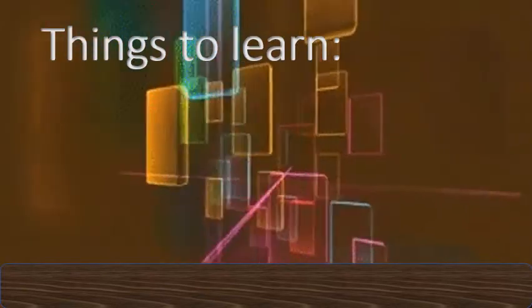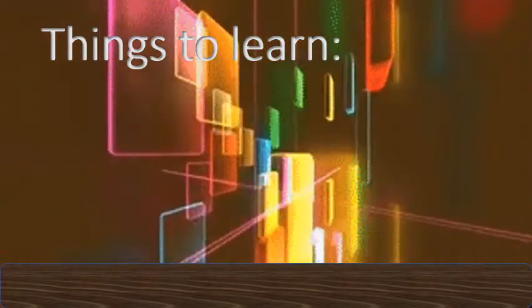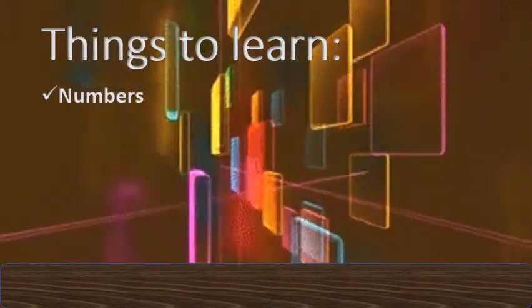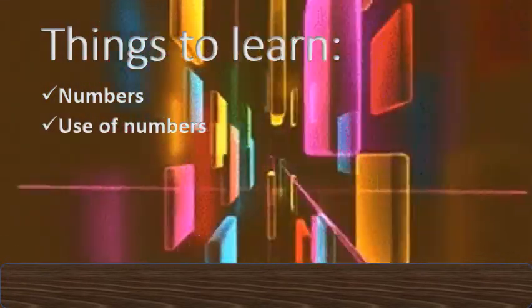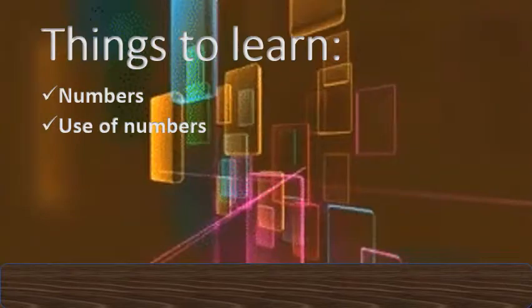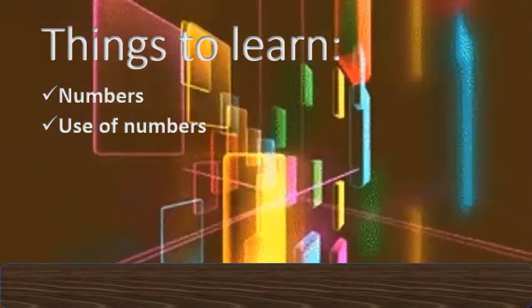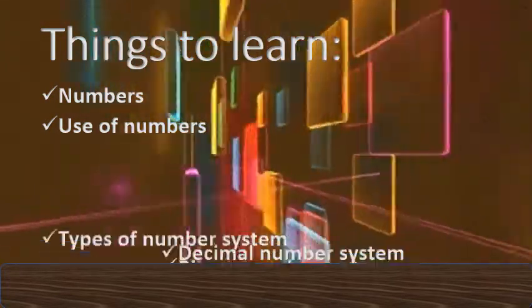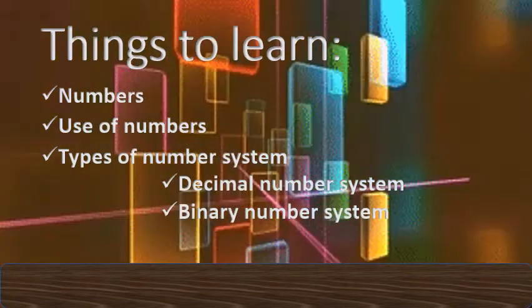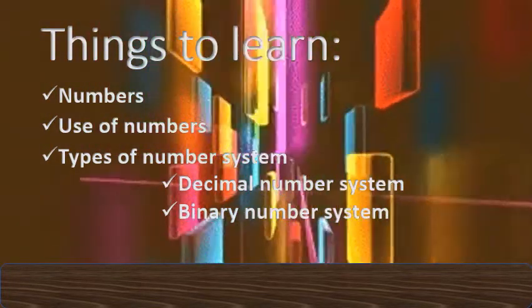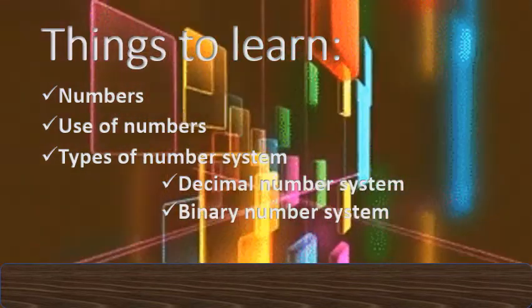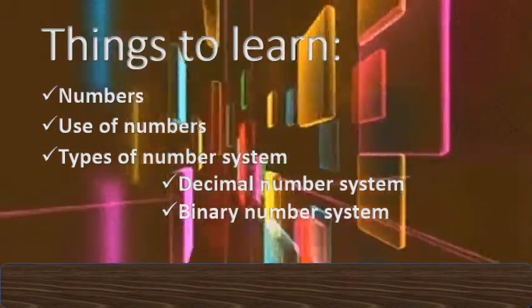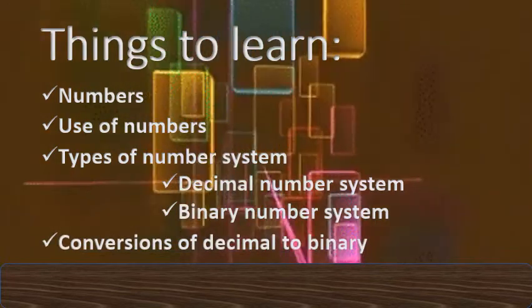So here are some of the things which we are going to learn. So things to learn are numbers. What are the numbers? Use of numbers. That how do we use numbers and why do we use numbers? Types of number system. Number system has many types from which we are going to learn decimal number system and binary number system.